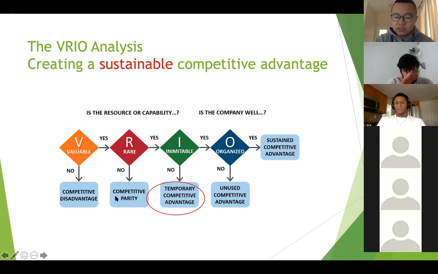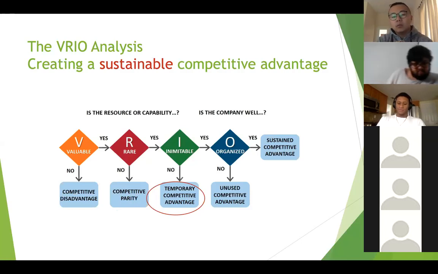So you can see it's competitive parity. Competitive parity means when a company survives but doesn't have a real competitive advantage over rivals.